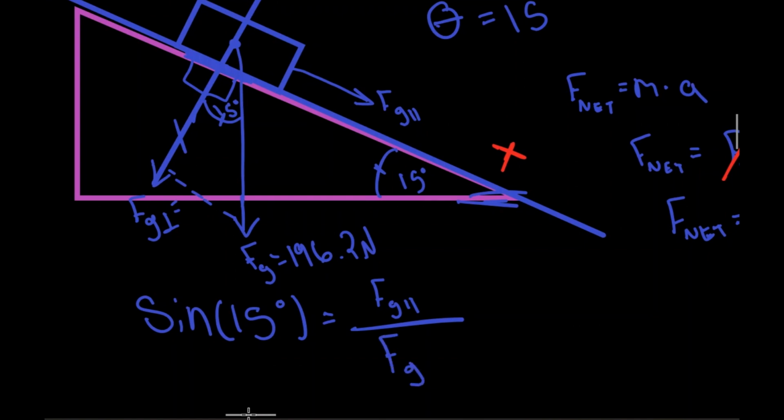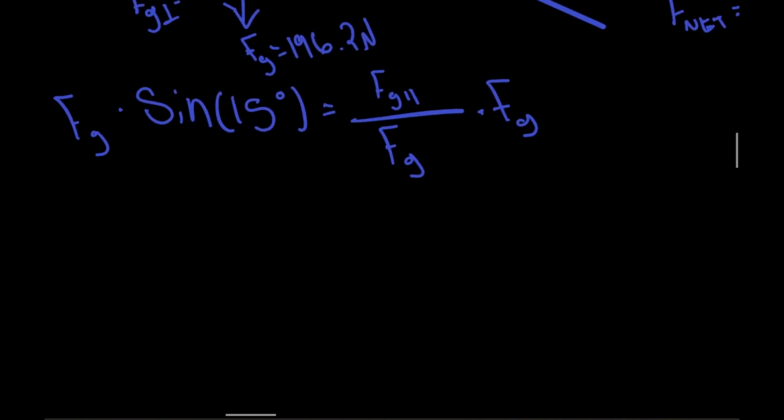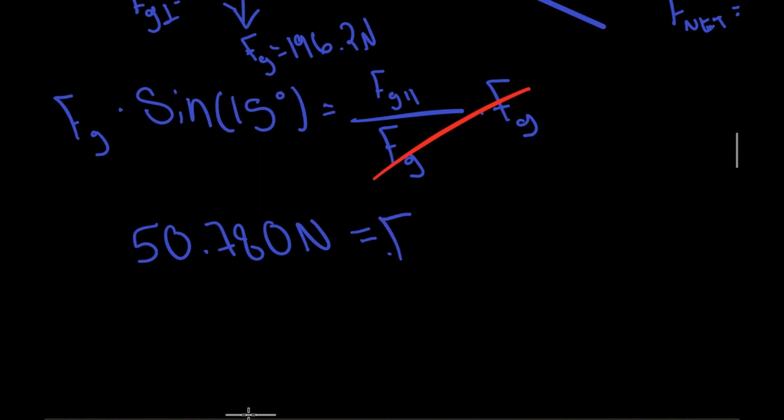We can isolate force of gravity parallel by multiplying both sides by the force of gravity, so this will cancel out. Then our force of gravity parallel is 196.2 newtons times sine of 15 degrees. So then we're left with 50.780 newtons is equal to the force of gravity parallel.